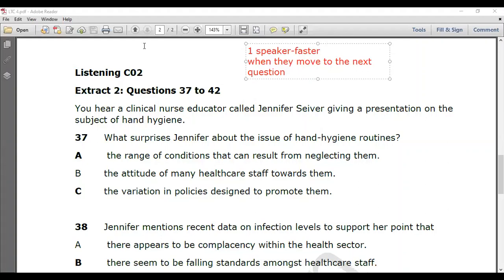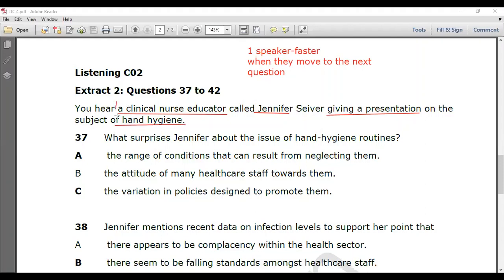So let us first look at the extract, the context sentence. The context sentence tells you that this is a clinical nurse educator, Jennifer, who is giving a presentation. What is the presentation about? Hand hygiene.